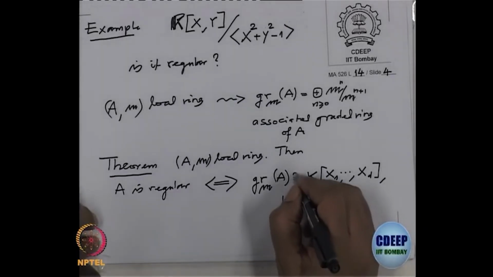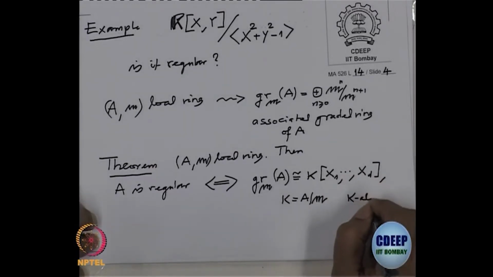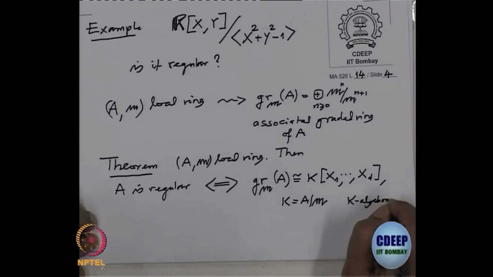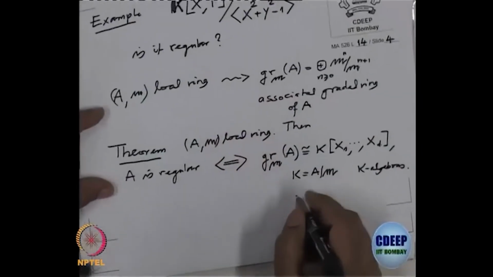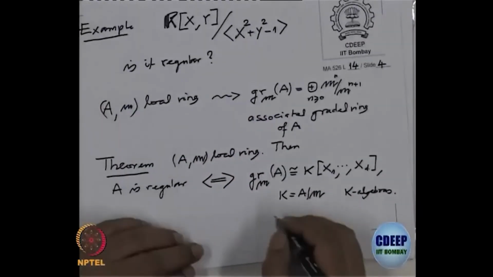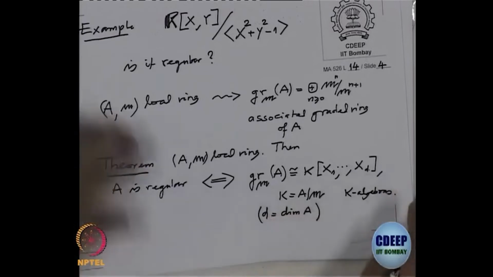Strictly speaking, I should say isomorphic as K-algebras, and where this D is obviously the dimension of the ring.